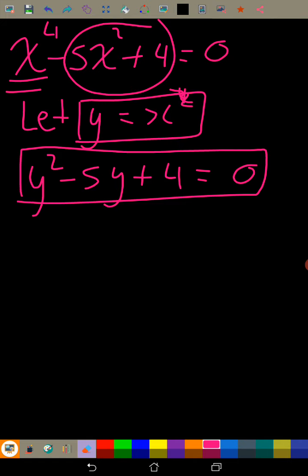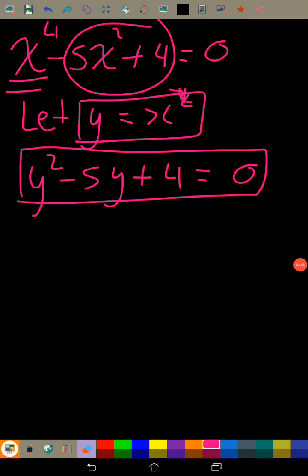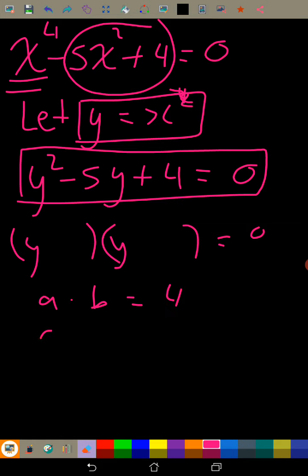And so I just did something with my notes. Okay, so here we are. How do we solve this? First we can try to factorize. Let's look, how can we have a times b is equal to 4, and a plus b is equal to minus 5?